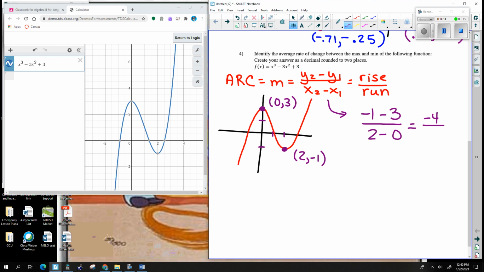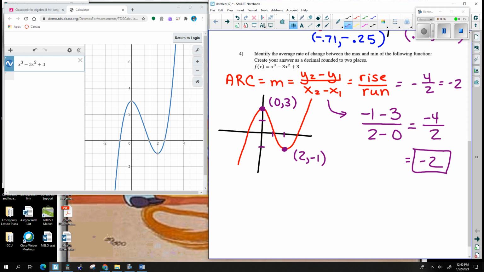Oh, I'm sorry, that's a rise of 4 and a run of 2. Negative, I'm sorry, this is negative 2. Sorry. Again, even I got confused just trying to count.